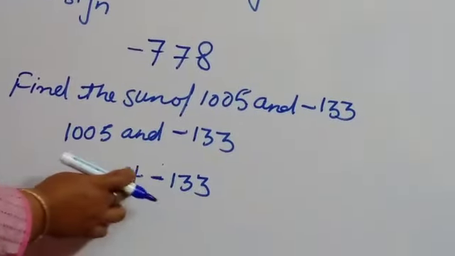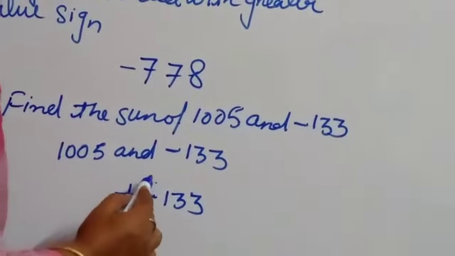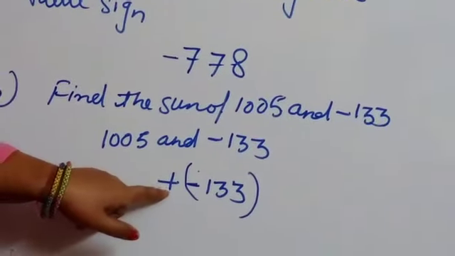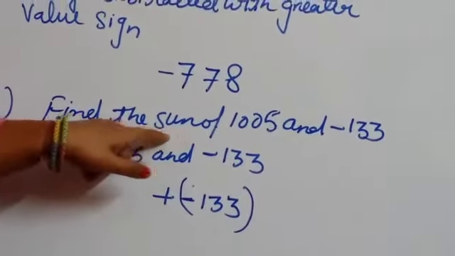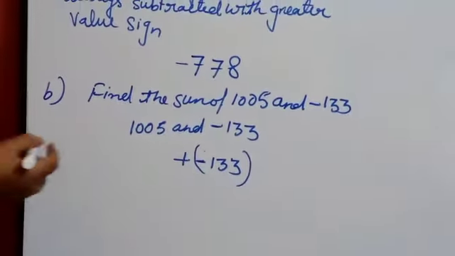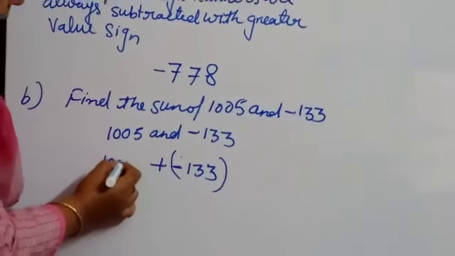Many children are writing in this way. This is wrong. Whenever two signs are there, you will put the second number in a bracket in this way. And this plus sign we have taken for the sum because we have to take the sum of two numbers, and the first number having the plus sign is always written like that.